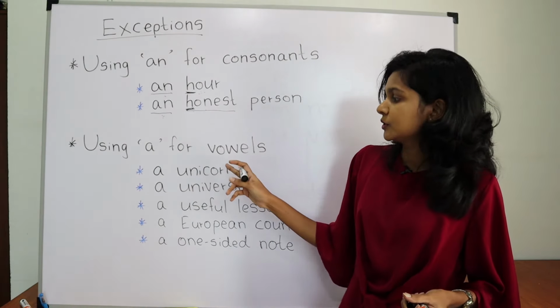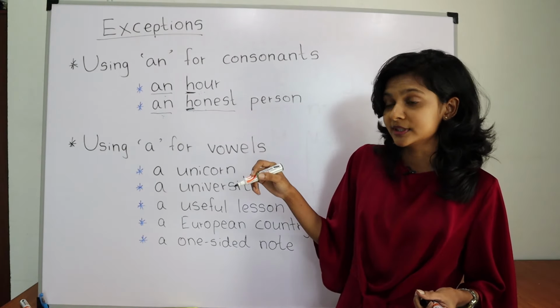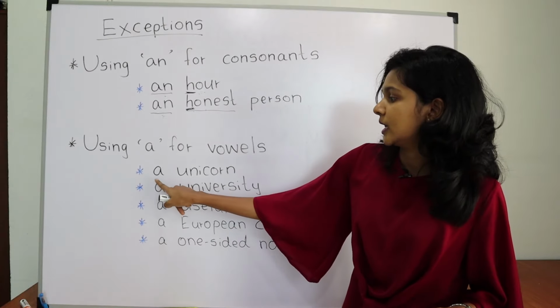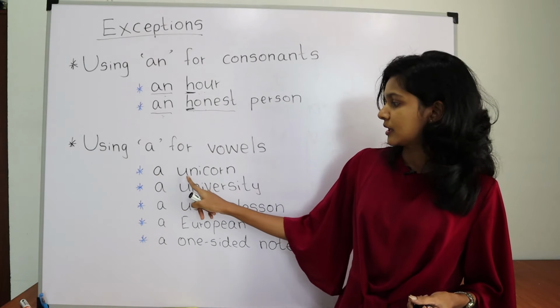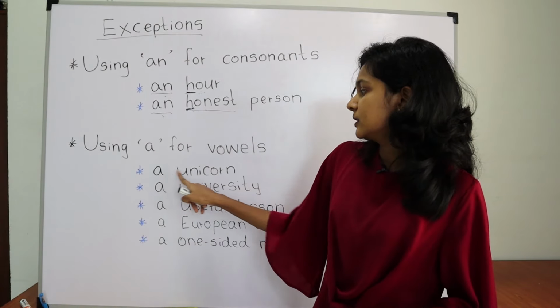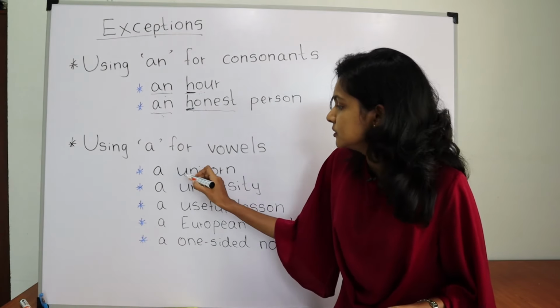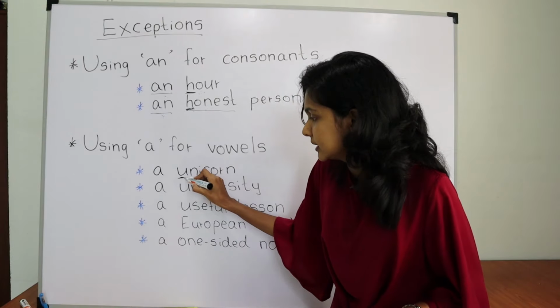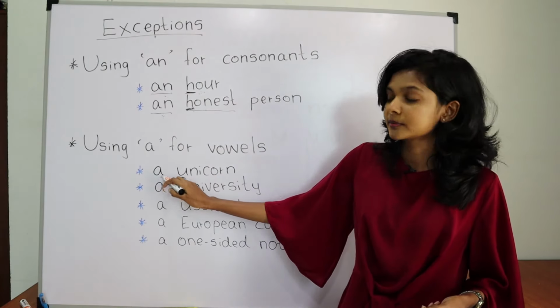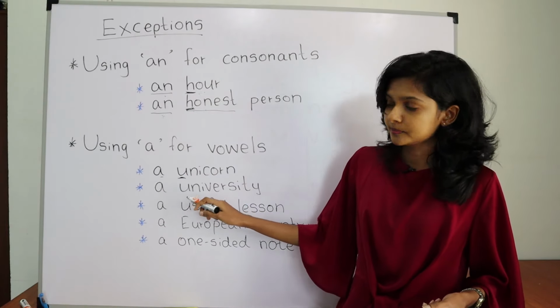Earlier we learned we have to use an in front of a vowel, but in some cases in English words we have to say a in front of a vowel. These are such examples. A unicorn. This U is a vowel, but still we have to say a unicorn. A university.